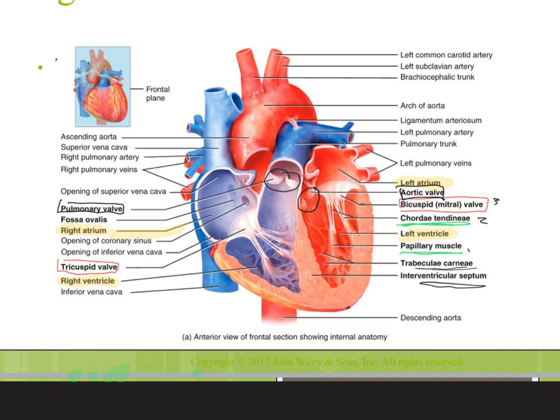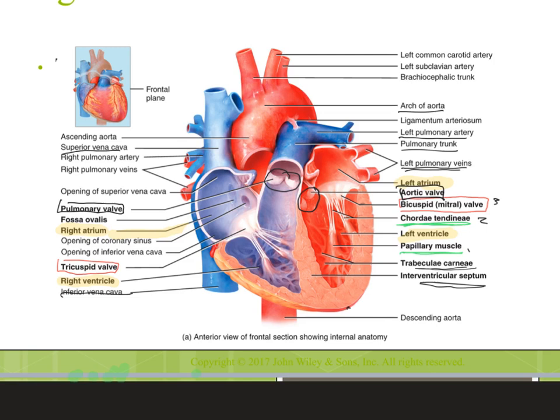Now, a couple other things to look at. Blood vessels. We have the pulmonary trunk. We already said the aorta. We have our superior and inferior vena cava, okay? We have our left and right pulmonary arteries, again in blue, and our left and right pulmonary veins in red.